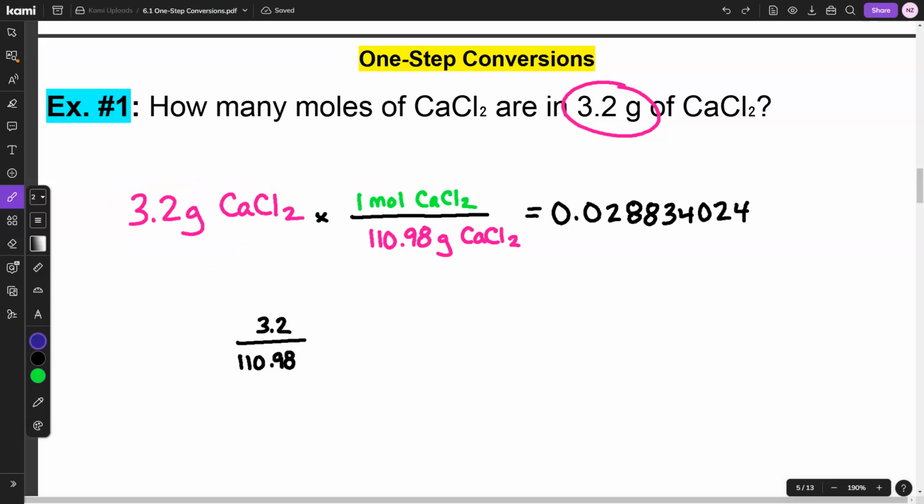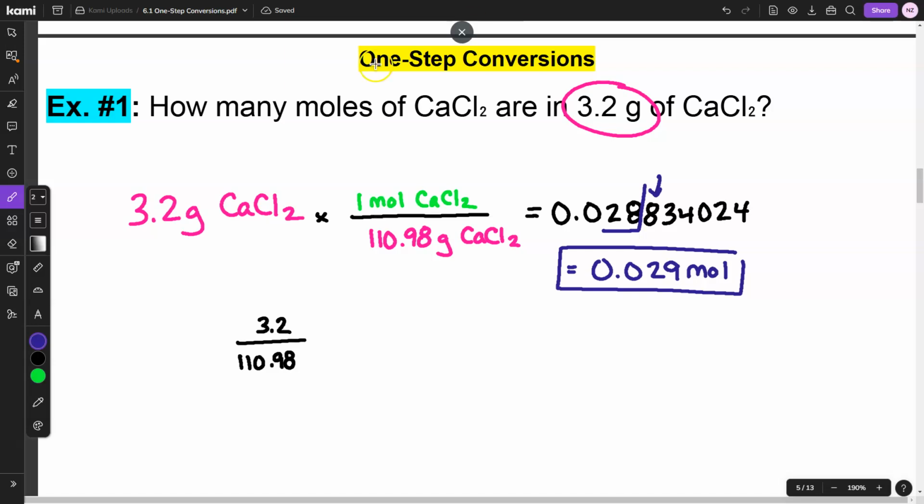So I'm going to round my final answer to 2 sig figs. So I don't start underlining until I get to a non-zero number. So that's going to be the 2. All right, so I underline my first 2 significant figures, and then I look at the third digit. So because my third digit is an 8, I'm going to round this up to a 9. And there's my answer.